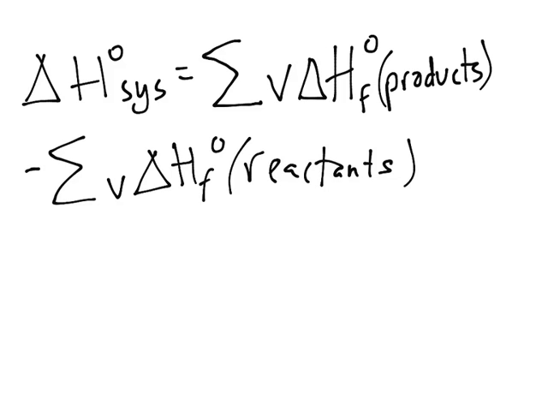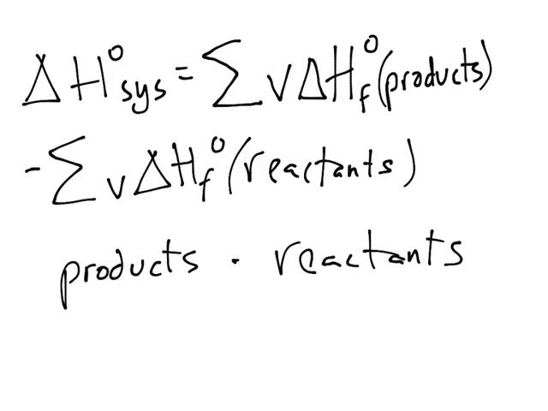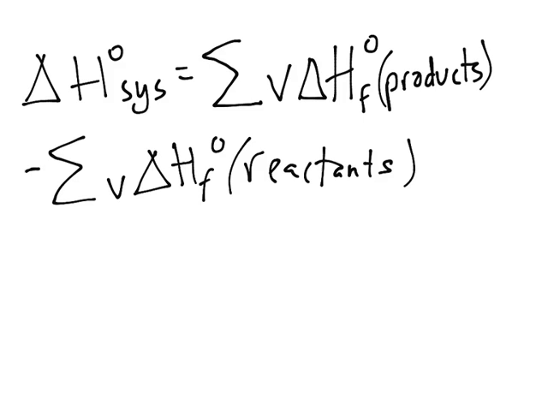So be very careful with this. It's always products minus reactants, not reactants minus products. So in other words, the inverse as you see the reaction. So just read it from the end.